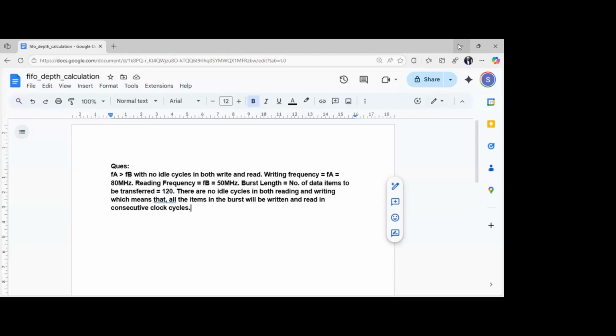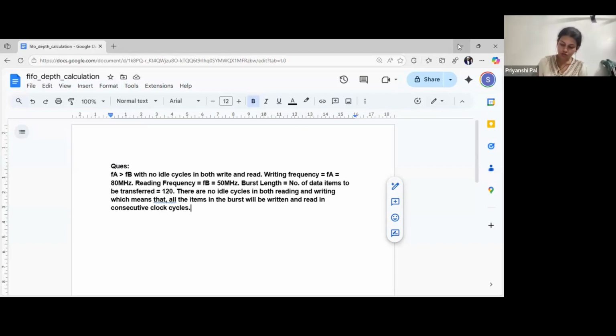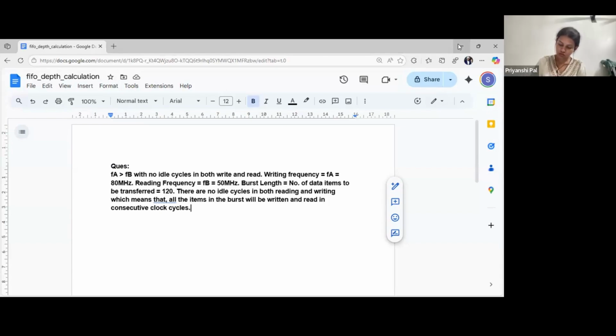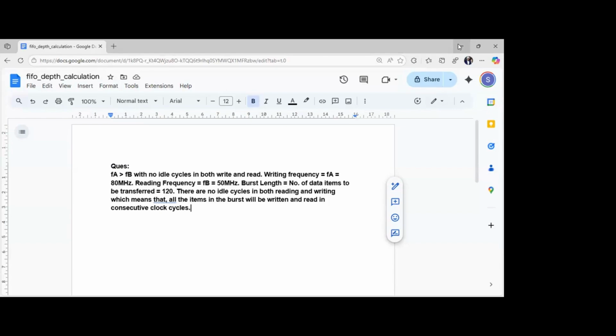No, you will only multiply by 120. Okay, right, so for that I'm getting 1500. Yes, below you should write the 20 nanosecond only. You have understood why?